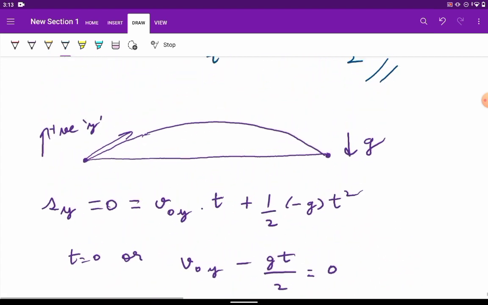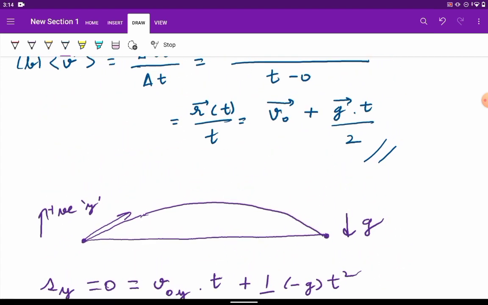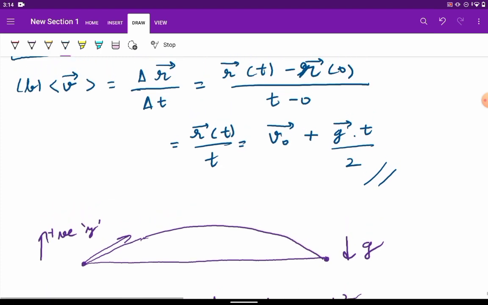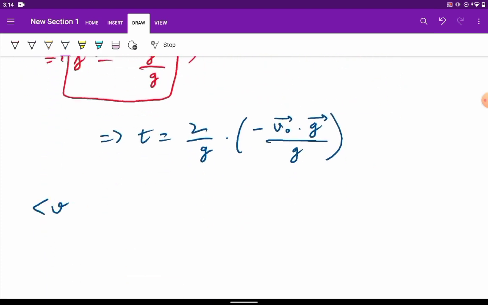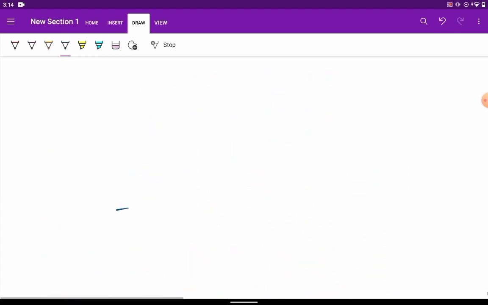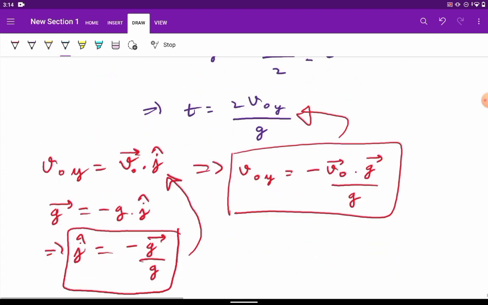What do we need? We need v naught plus gt by 2. For the total time of motion, let's say I'm just denoting it with vt. So this becomes v naught plus gt by 2.